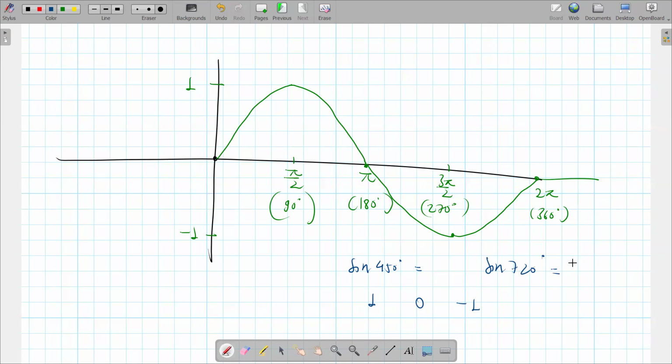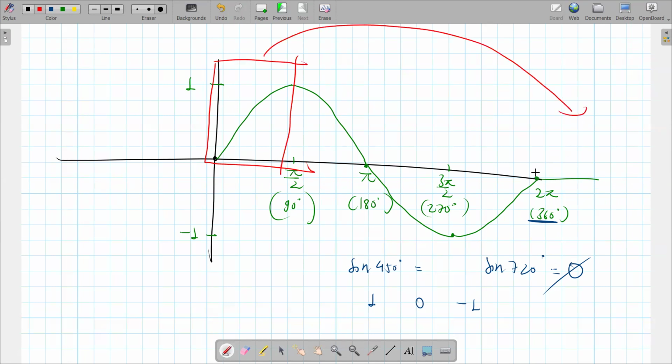It's 0, because 720 is another full loop. If you add 360 to this, you get 720, so you get right back where you started. Sine of 450 was 1 because you add 90 degrees to a full loop, so you move this little chunk over there. It's periodic, so it repeats. It's going to be 1. And 720 means two loops, so you end up right here where the x value is 0.